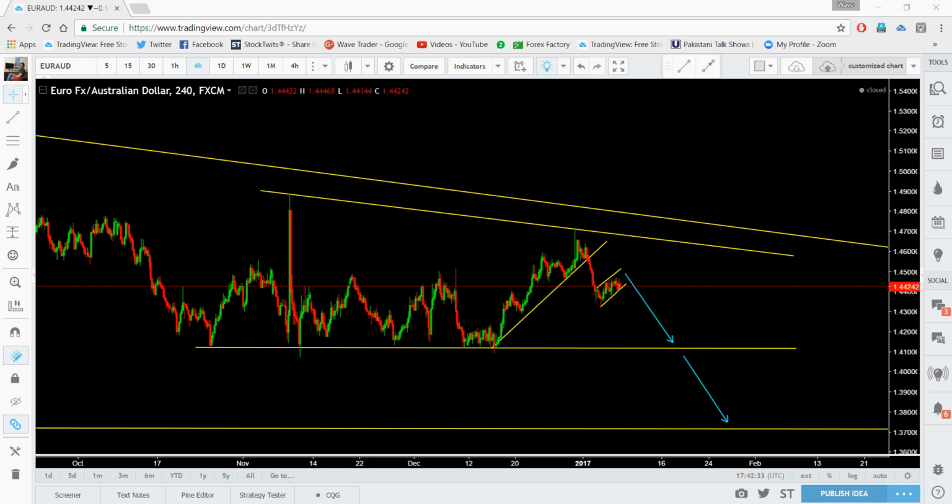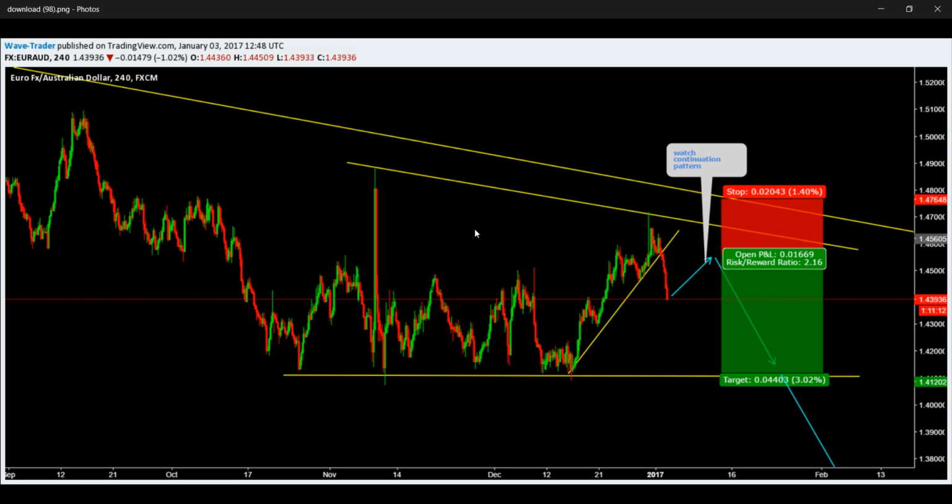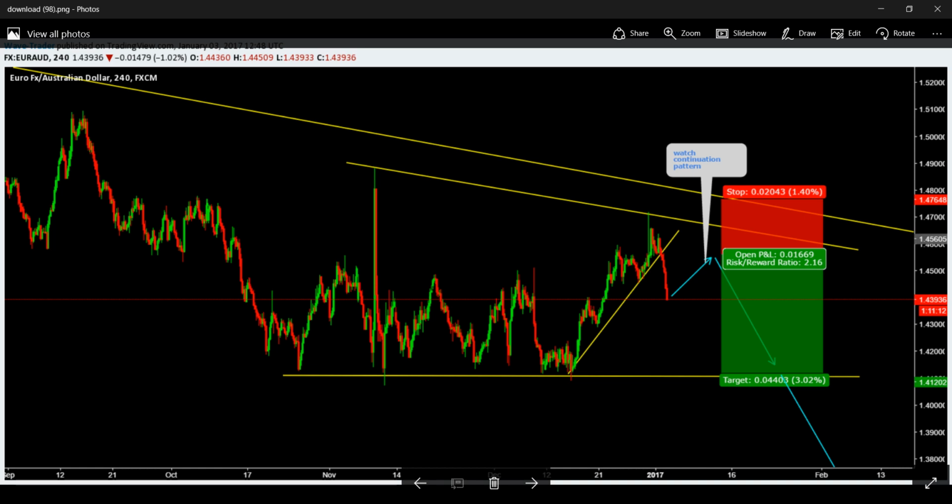This is the image. So you guys understand, whenever you see an impulse, you will see continuation pattern formation over there, something like this. So this continuation pattern is forming.